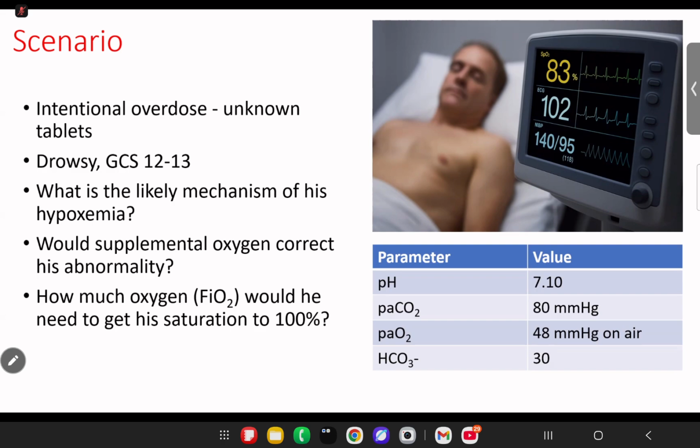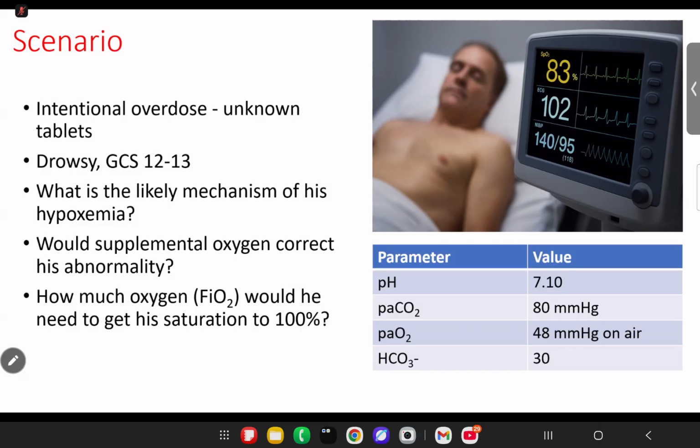Here, because you are adding carbon dioxide and not bringing oxygen into the alveoli, you don't have enough saturation. So if you get the alveolar oxygen to 100, then you can probably get a saturation of 100%.